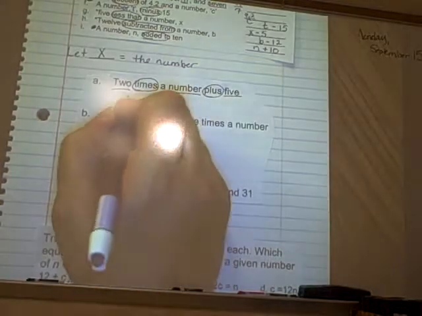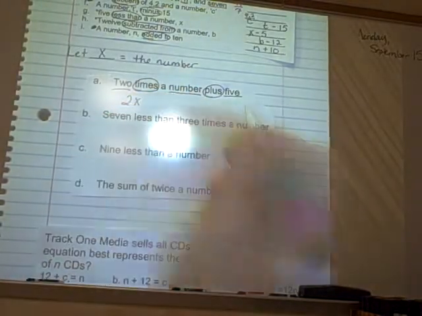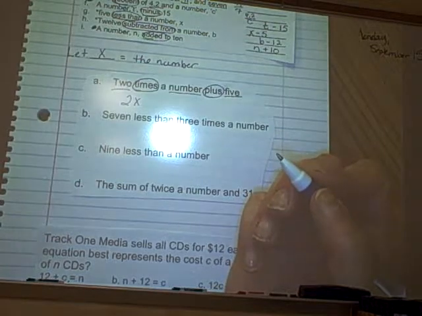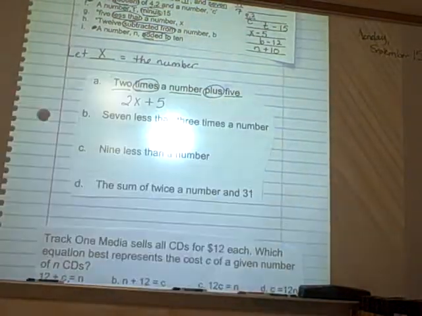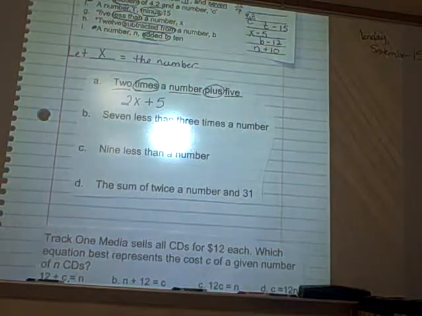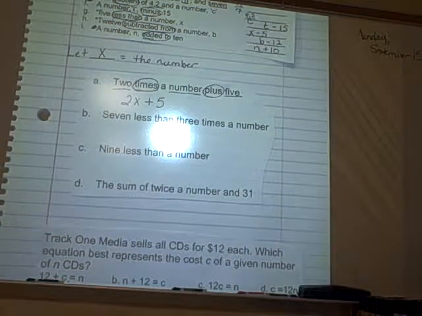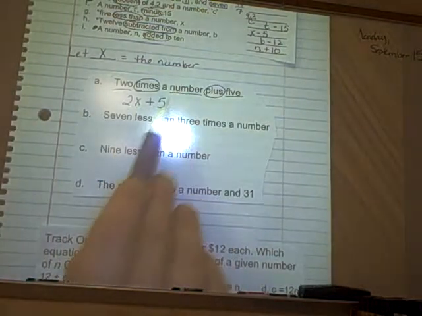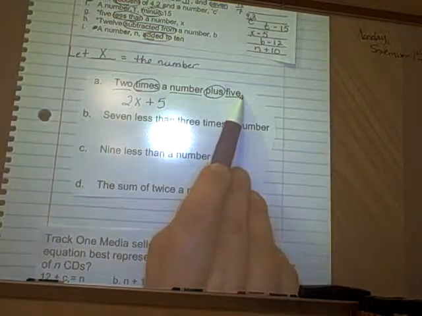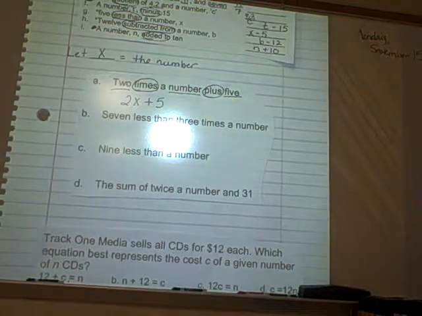So this is going to be 2 times the x, the number, or whatever letter you're using, and then plus 5. Does that make sense? It's just 2 times the number plus 5. We're just writing it in algebra based on the words they're giving us.